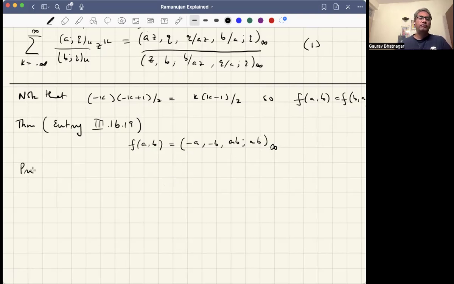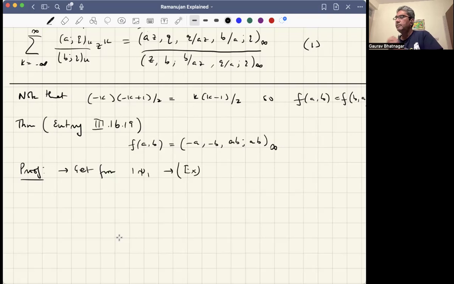The proof you get from the 1 psi 1 in Ramanujan's form. It's an exercise, and I'll outline the proof. Essentially, this entry 3, volume 3, chapter 16.19, is the Jacobi triple product identity.